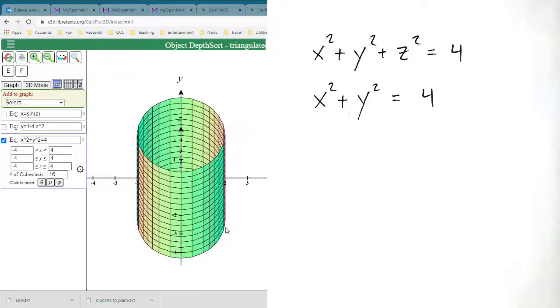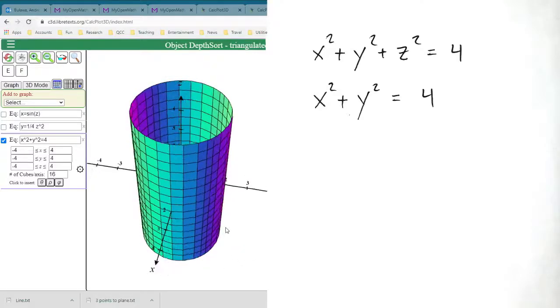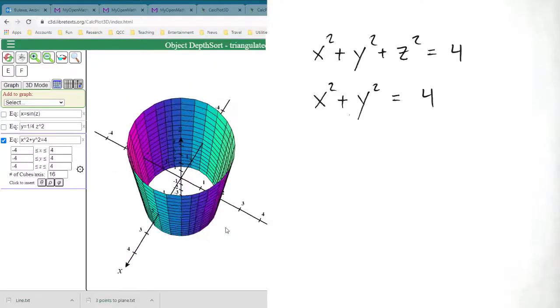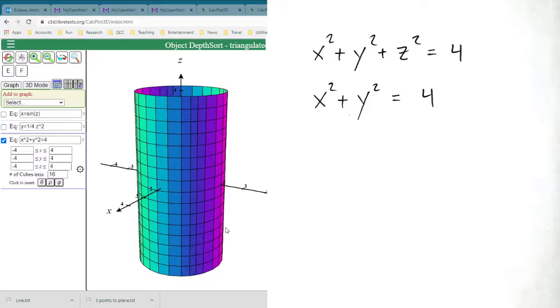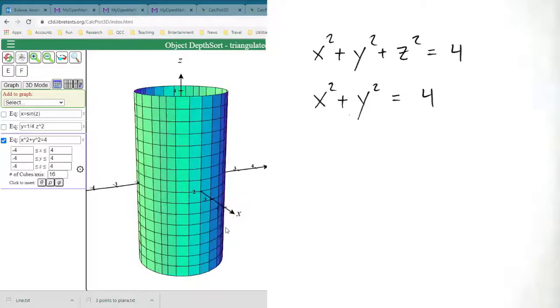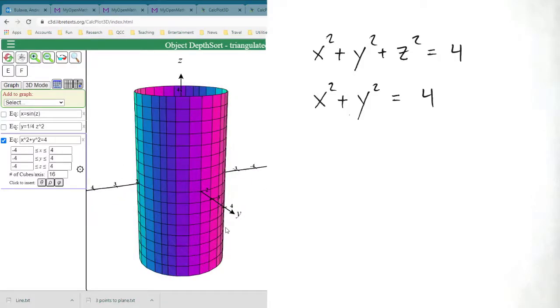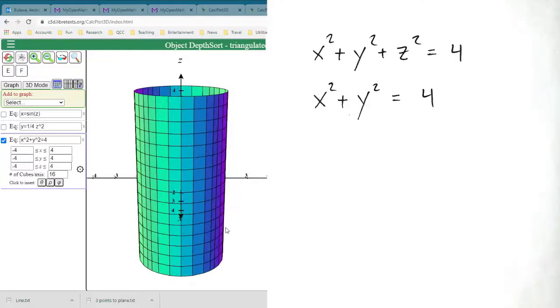As I tilt away from the z-axis, you can see that in fact it is a cylinder, right? And what's going on here is that x and y have to live on that circle. But because z can be anything, it extends that circle vertically to any distance, right? And so we end up with this shape.